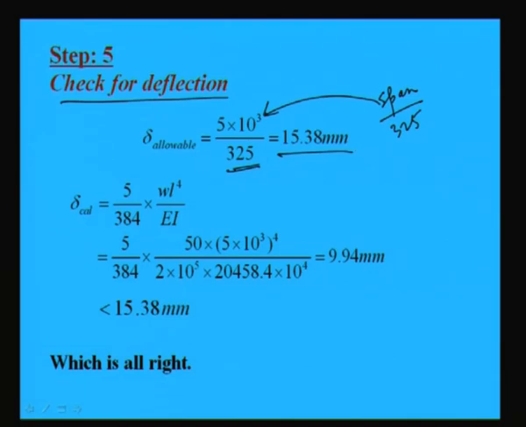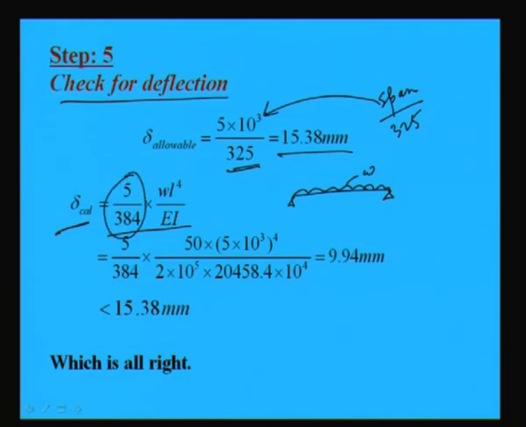Now, what is the deflection actually developing? That will be 5 by 384 into WL to the 4 by EI, because we know this beam is simply supported and carrying a UDL load, right. So, for this case we know the coefficient is 5 by 384.